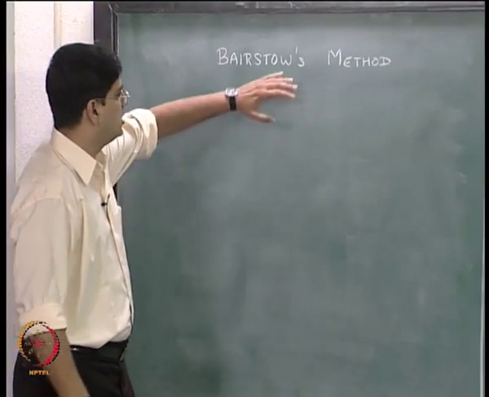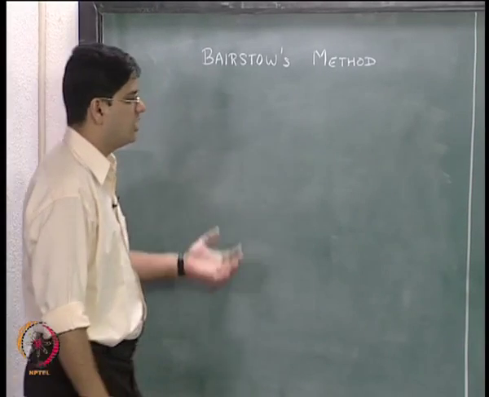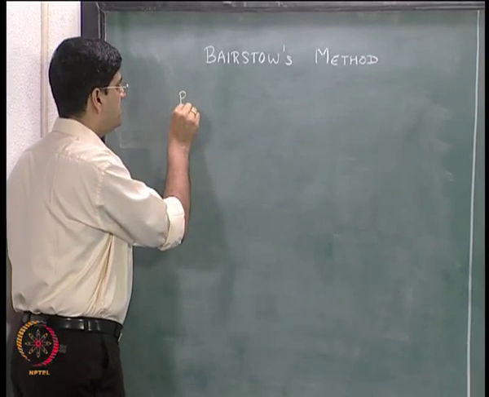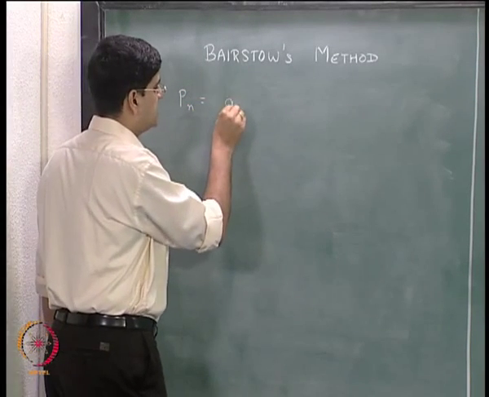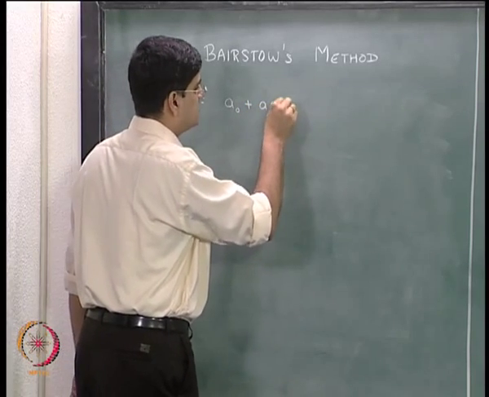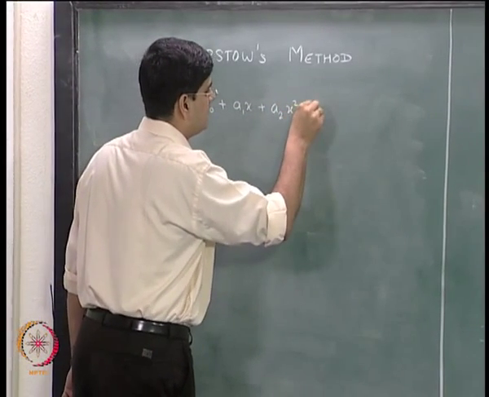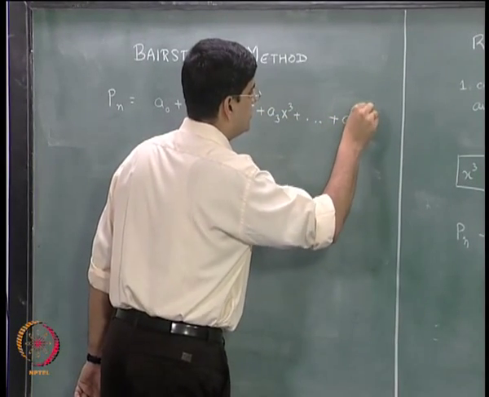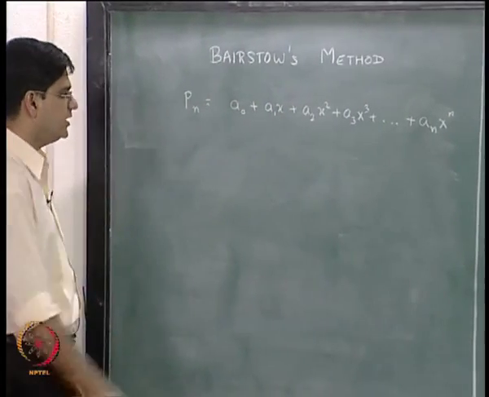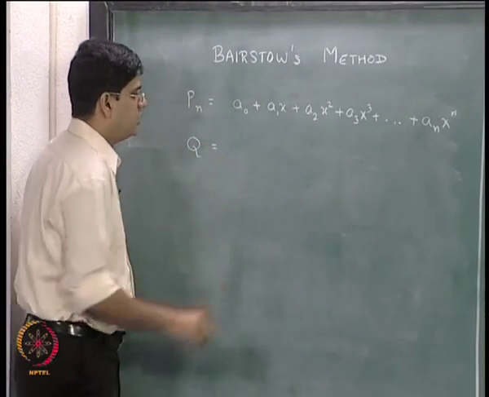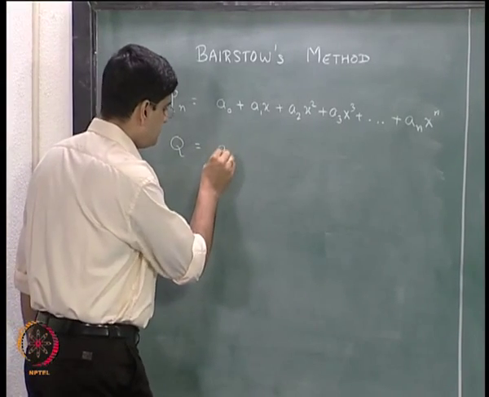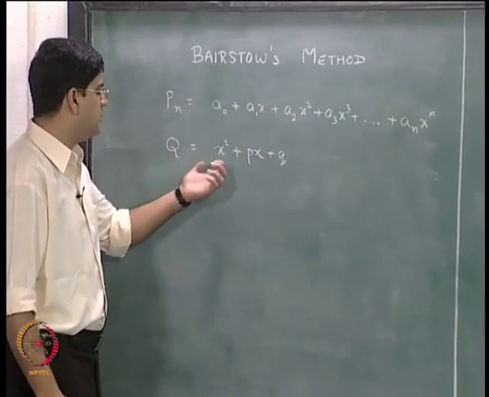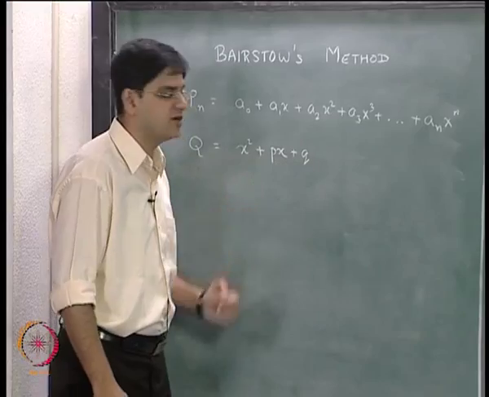The first part of Bairstow's method is as follows. Let us represent any polynomial Pn as a0 plus a1x plus a2x squared plus a3x cubed and so on up to an x to the power n. Let q equal to x squared plus px plus q be one particular second order polynomial.